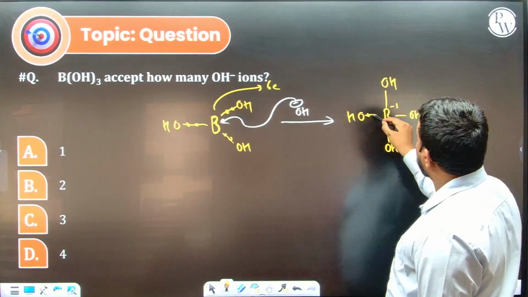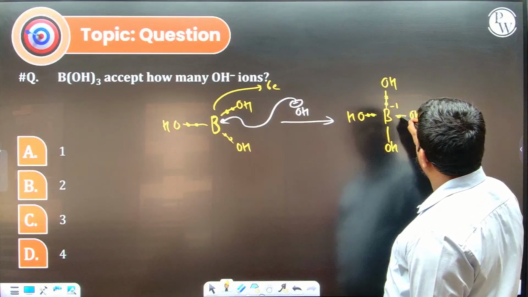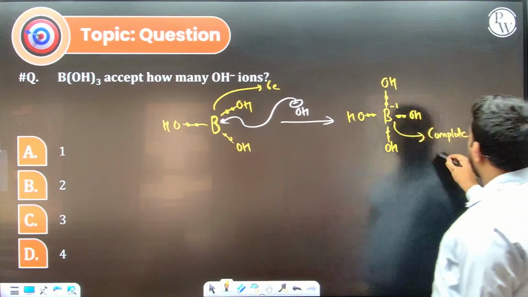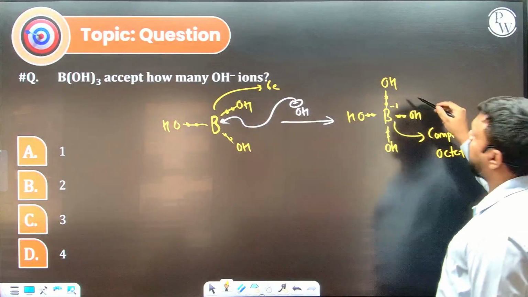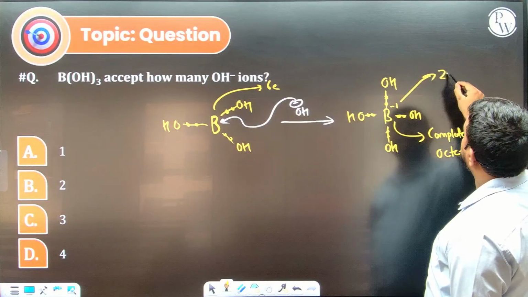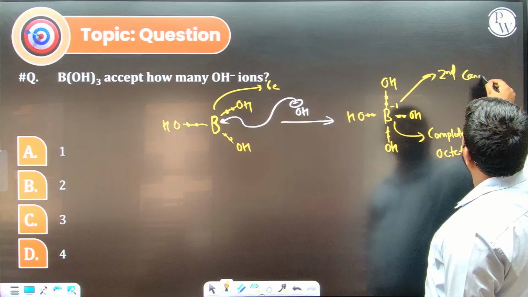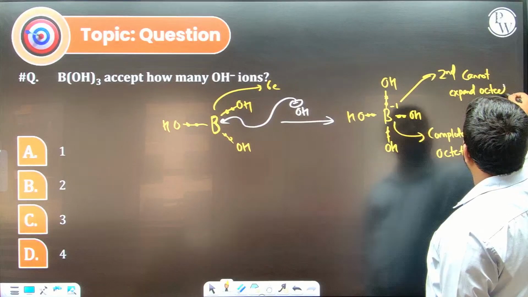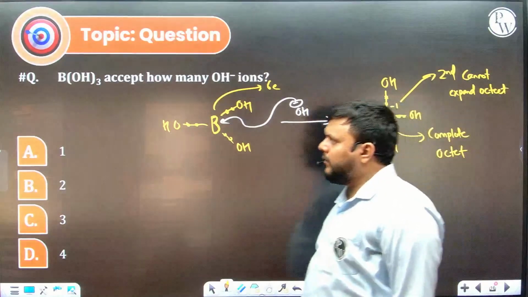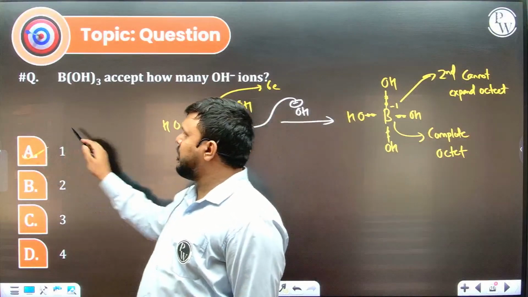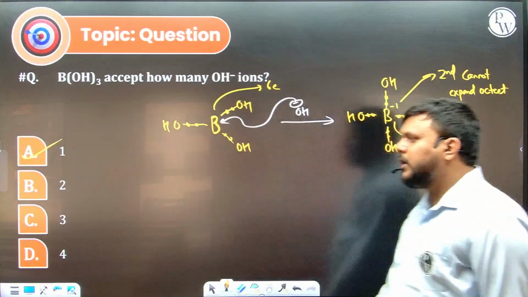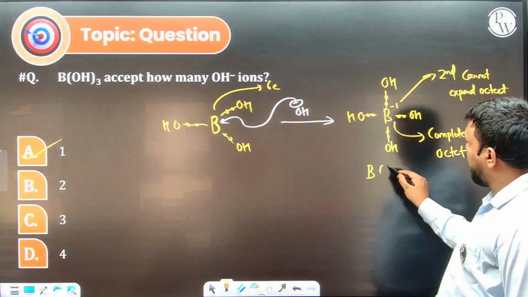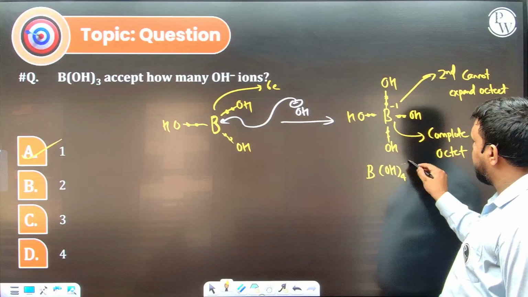Now it has a complete octet. As you know, second period elements cannot expand the octet because they do not have d orbitals. So everybody should understand B(OH)3 can accept only one OH minus to form B(OH)4 minus. Okay.